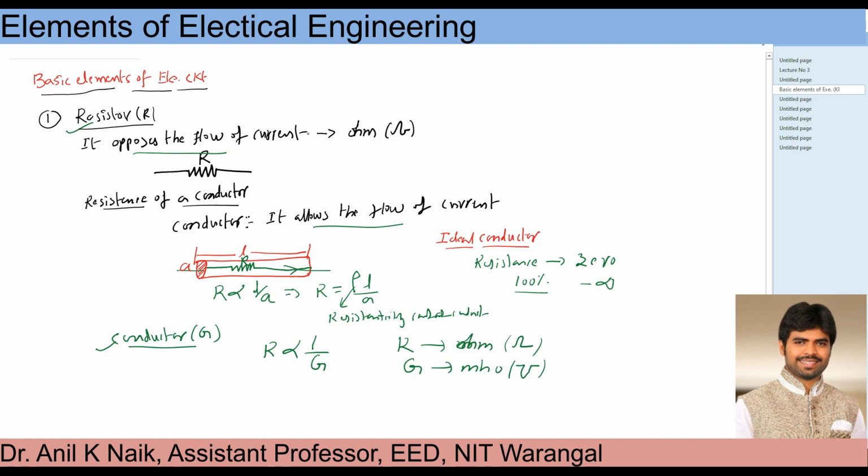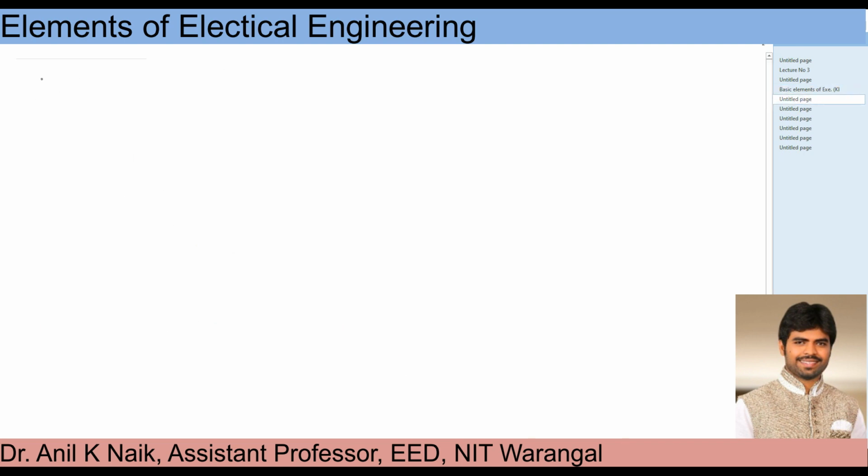Now we come to another element of the electrical circuit. The other element is called the inductor, denoted L, and the electrical symbol for the inductor could be like this. What is the definition of the inductor?